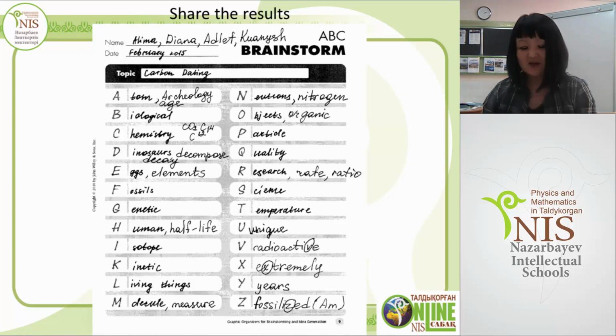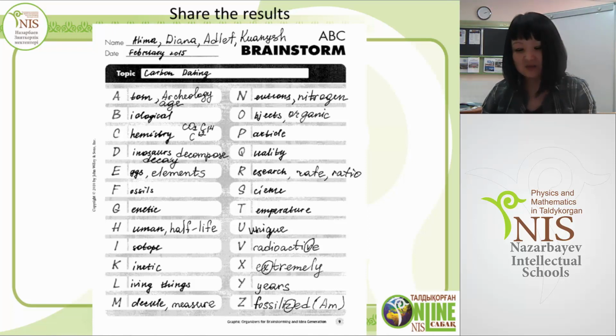You see that to the words which were written before, some words appeared, such as archaeology, age, carbon dioxide, carbon-14, carbon-12, decompose, decay, elements, half-life, measure, nitrogen, organic, rate, ratio, radioactive, extremely, years, fossilized.